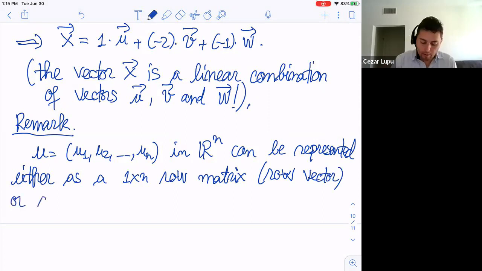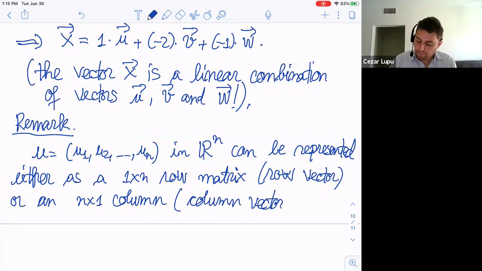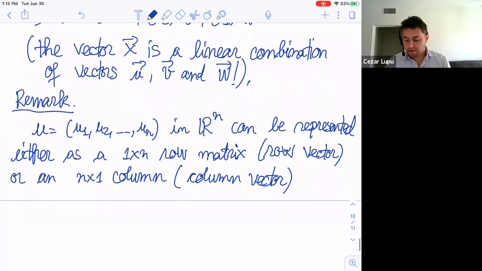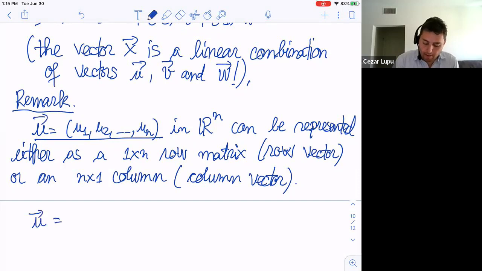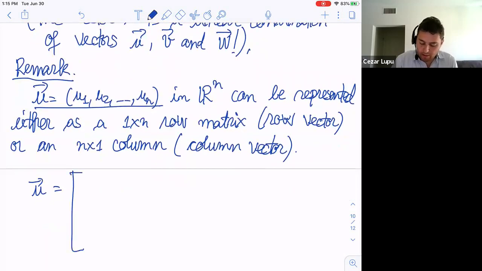Or an n by 1 column, or to be more specific, column vector. Well, for example, you can write it like this, just like the way we have written it here, right? As a row matrix or row vector, or you can write it like this. Let's say U, you can write it as a column: U1, U2, UN.